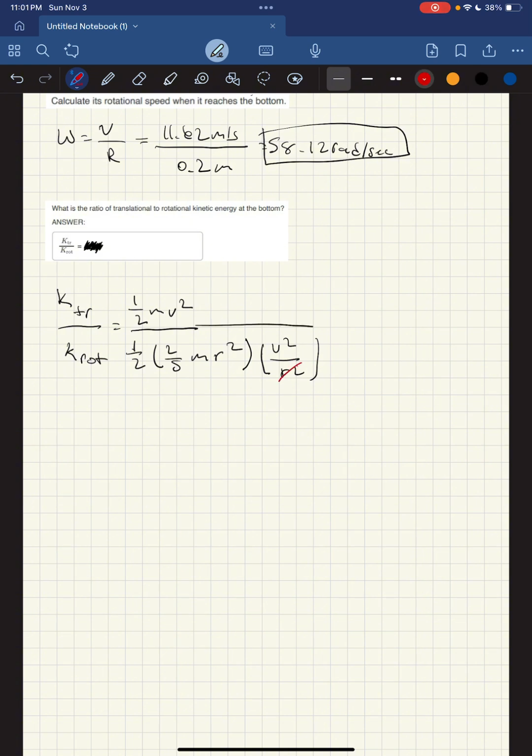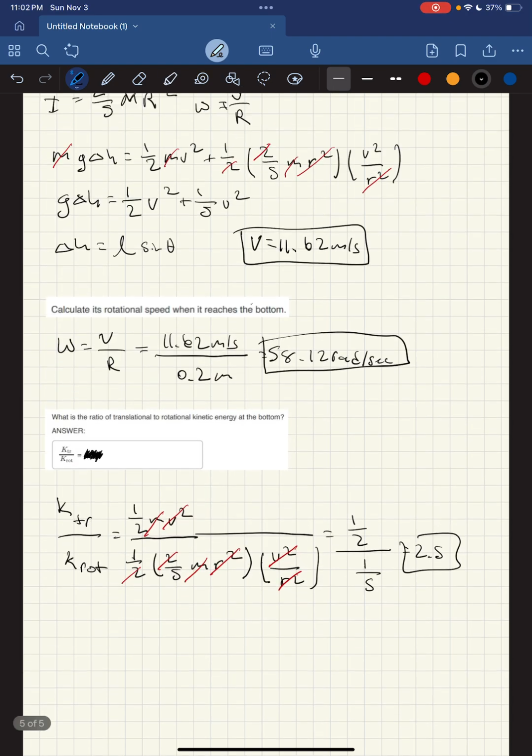Here, your r squared terms will cancel out, your v squared terms will cancel out, and your m term will cancel out. Your 2 term will also cancel out, so your final answer would just be 1/2 over 1/5, which is 2.5.